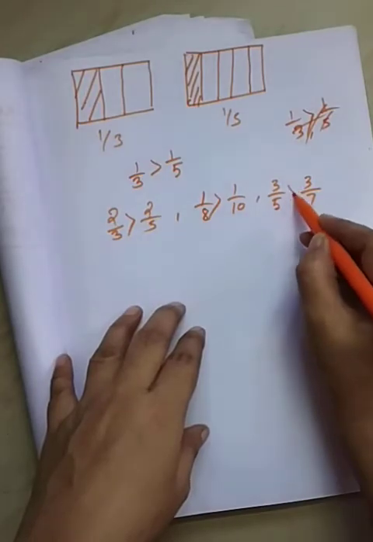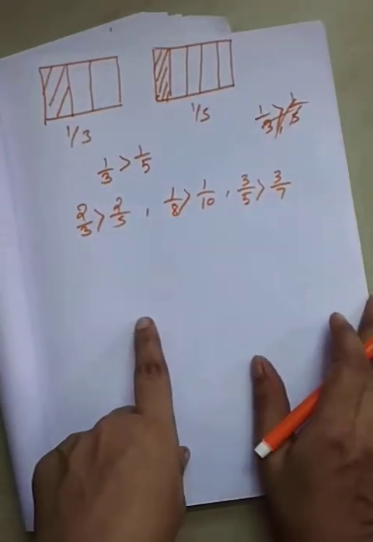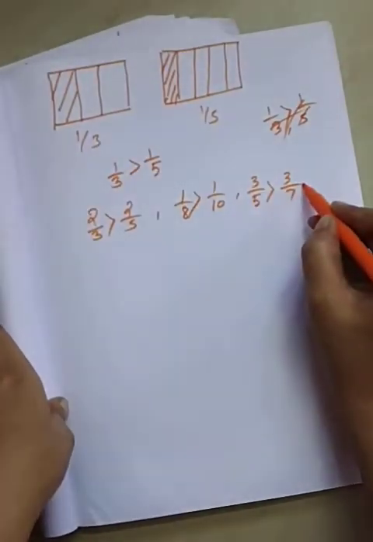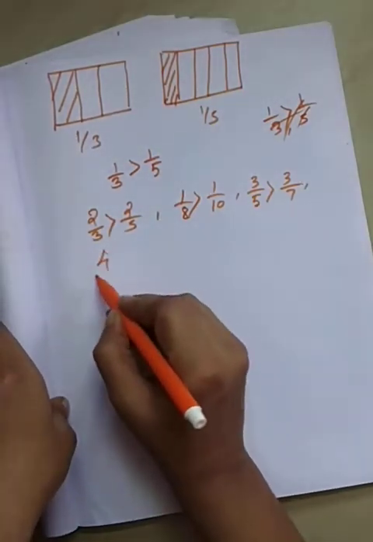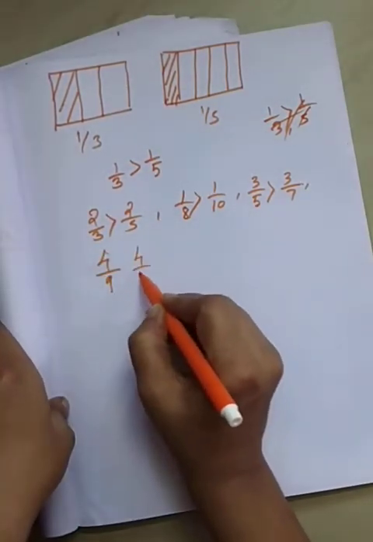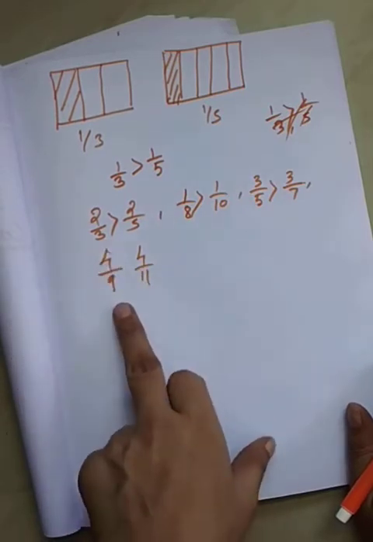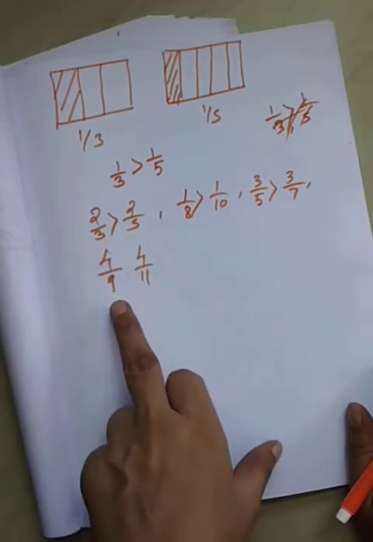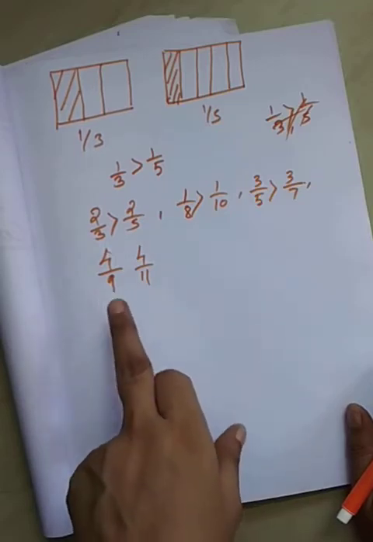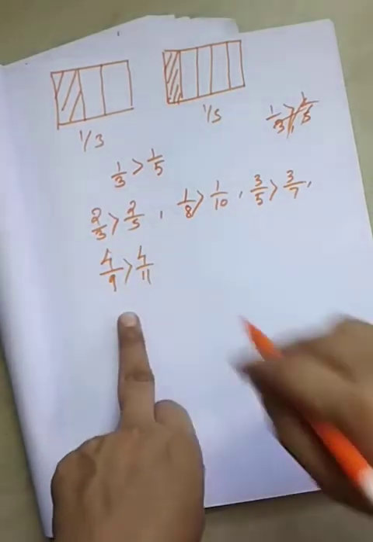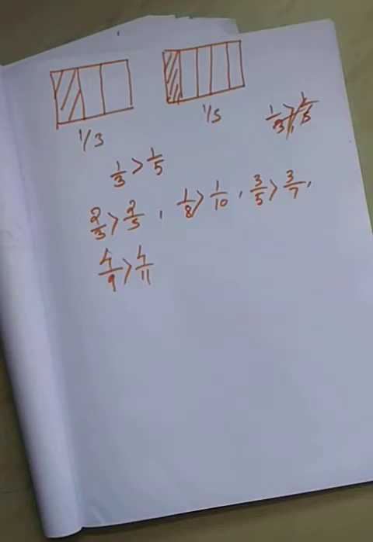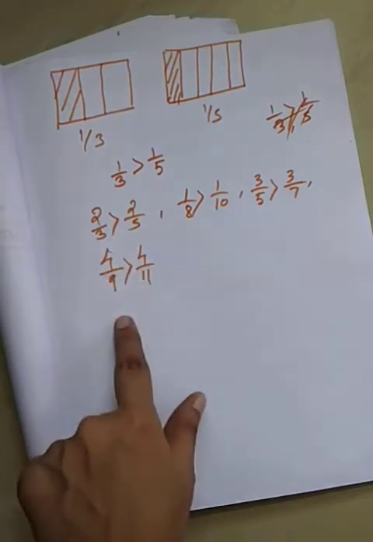So you can put the symbol on this side. One more example: 4 by 9, 4 by 11. This is an unlike fraction. The numerator is the same. Which denominator is smaller? 9, and on that one you can put the greater symbol.